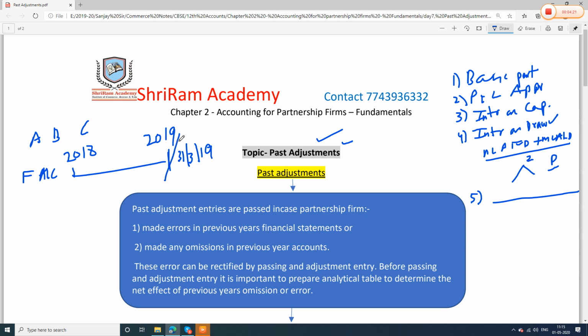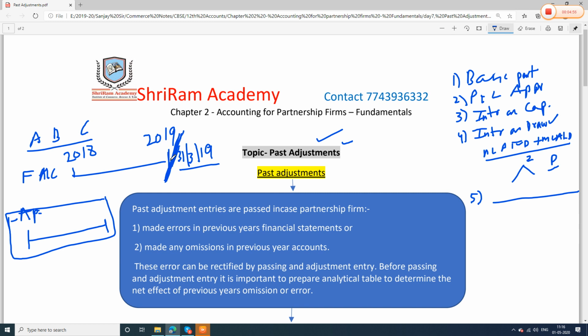After closing their books of accounts on 31st March 2019, when the next year started, meaning from 1st April, they found certain omissions or mistakes they made in last year's accounts. When they made final accounts of last year, for example, they forgot a few things, or they made some errors in their previous year accounts.